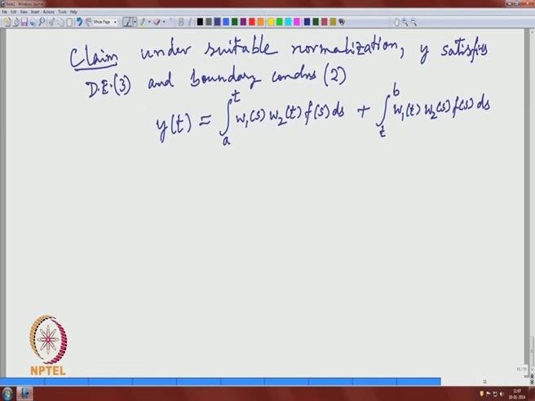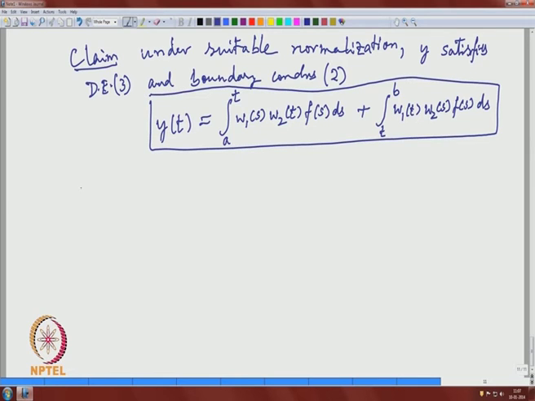Every time we have to remember this, and looking at this expression it is very easy to see that y a is 0 because w 1 a is 0, and y b is 0 because w 2 b is 0.